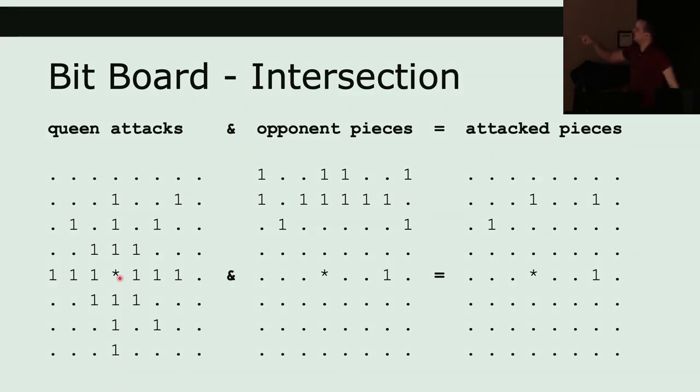So I have a bit mask associated with where queens can attack from that square. And if I take the intersection of where my queen can attack and where my opponent's pieces are, now I have in one operation all of the possible pieces that my queen can attack on the board. I don't have to iterate through going diagonal, diagonal, diagonal, going down, down, down, checking this array. I can do some operations in parallel on the entire bit board.